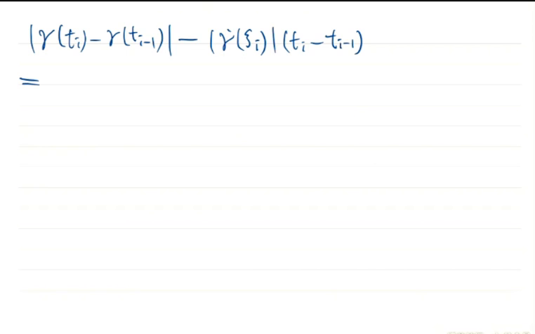We want to apply the mean value theorem to get gamma prime at eta i, maybe, then ti minus 1. This is a good idea, but we cannot do this. This is not true because gamma is a vector valued function.